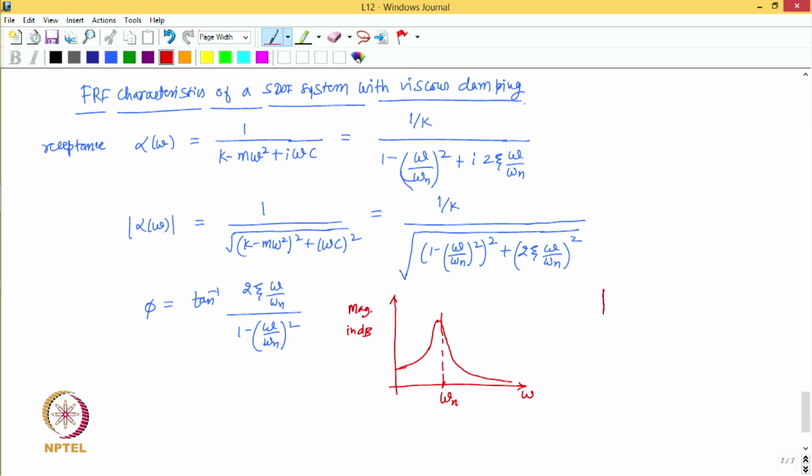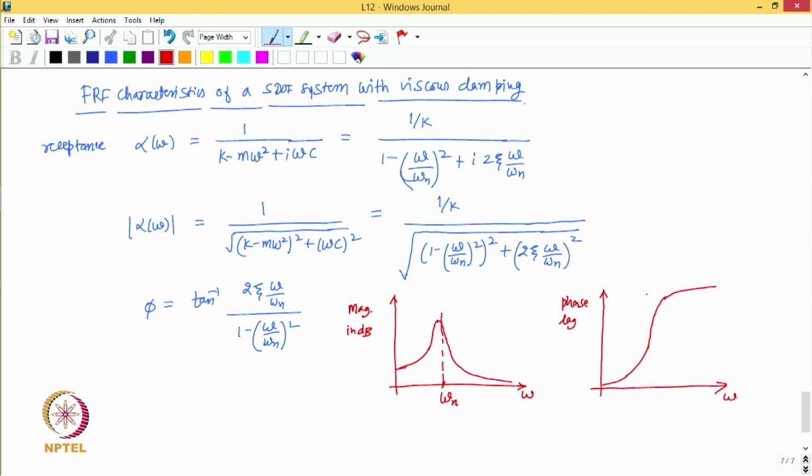Similarly, the phase plot looks like this, the phase lag here, right, and this plot would look something like this.